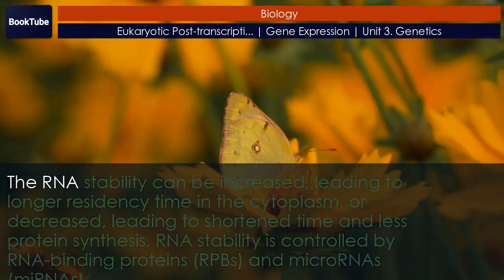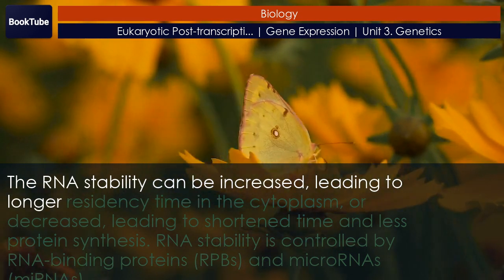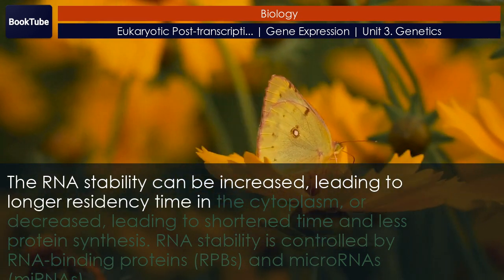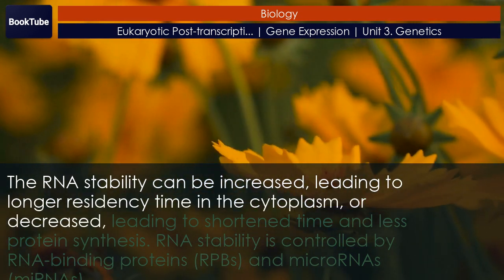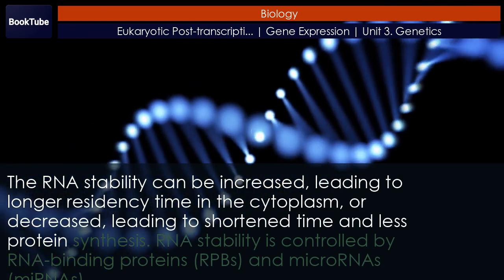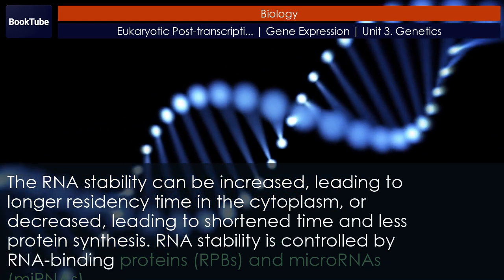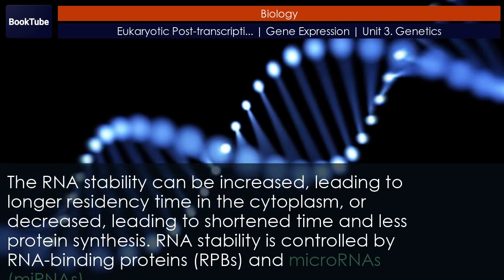The RNA stability can be increased, leading to longer residency time in the cytoplasm, or decreased, leading to shortened time and less protein synthesis. RNA stability is controlled by RNA-binding proteins, RBPs, and microRNAs, miRNAs.